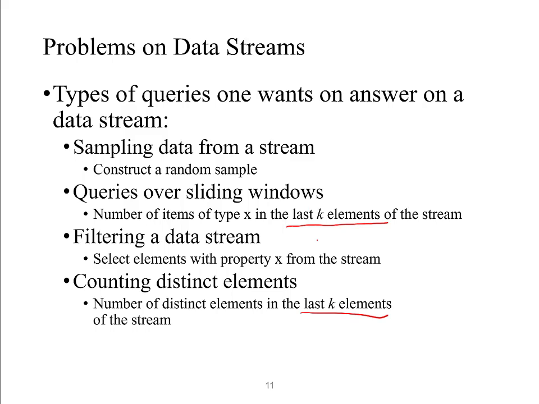That's why you need special solutions for these problems. You can even think of k as being as large as the total size of the stream. So this k is quite different from common sense.